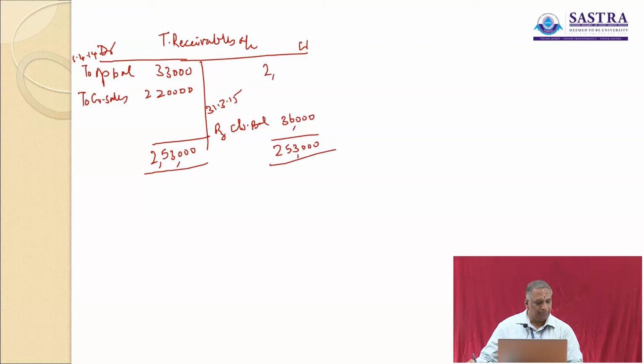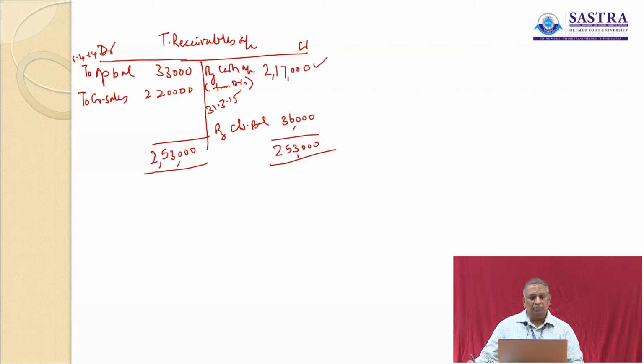So the balance should be 2,17,000. So this is nothing but cash from debtors. So this is a cash aspect. This will affect the cash flow statement.